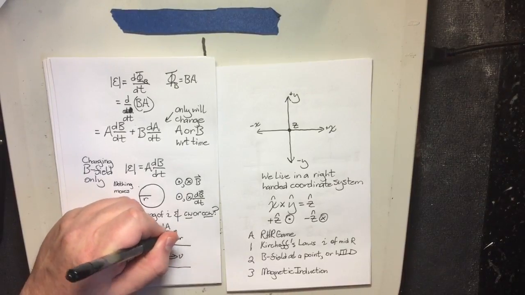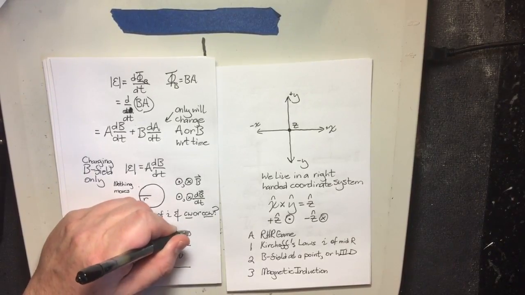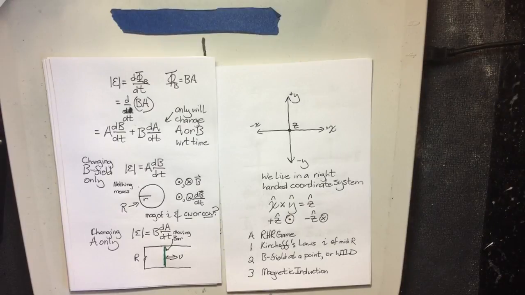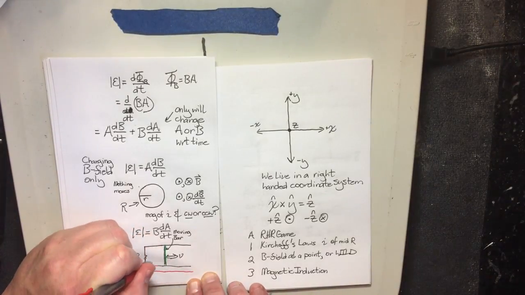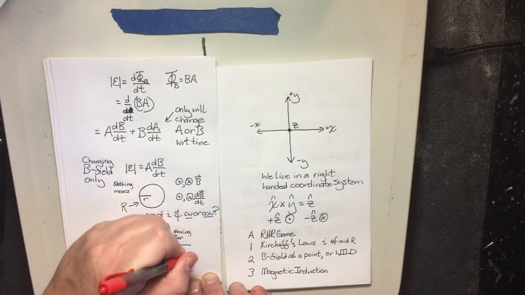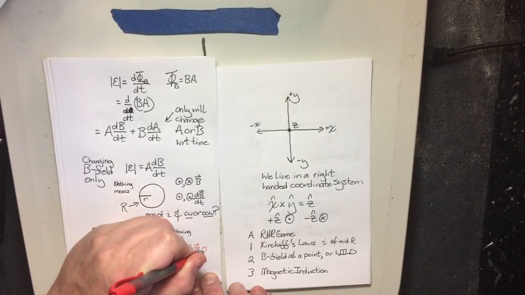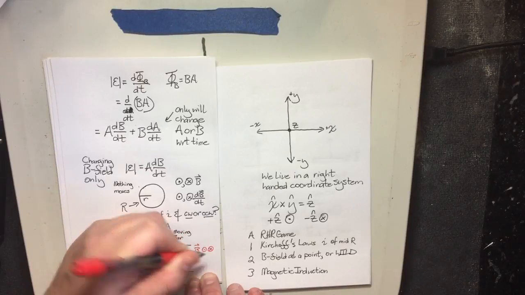So this is a moving bar, and the bar can move either left or right. The bar and everything to the right is sitting in a magnetic field that can, of course, be up or down.